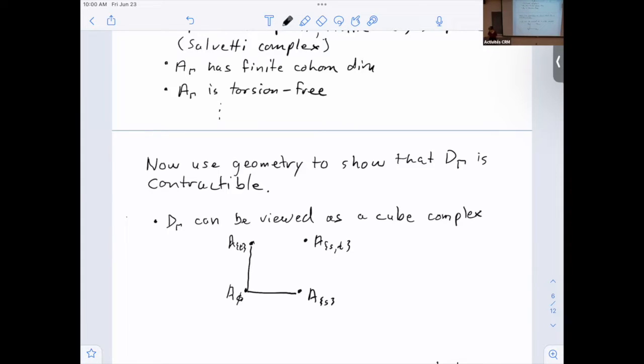That means this is also finite type, so it contains both of those. Oh wait, I see a cube. Of course, if I was doing the simplicial complex, I would also connect these by an edge. I want to forget those edges. I only want to keep the edges where I increase the size of my special subgroup by a single generator. I just throw away the other edges. I mean, they're there, I'm just going to ignore them.